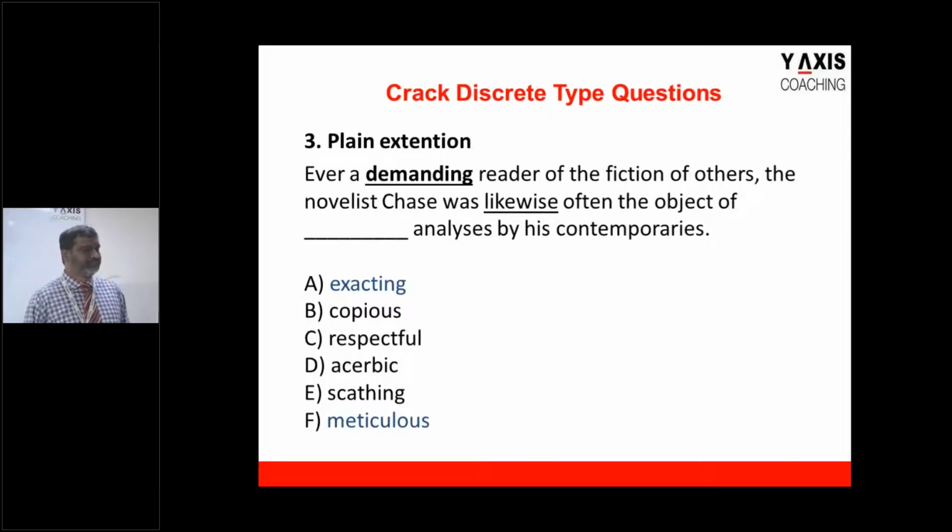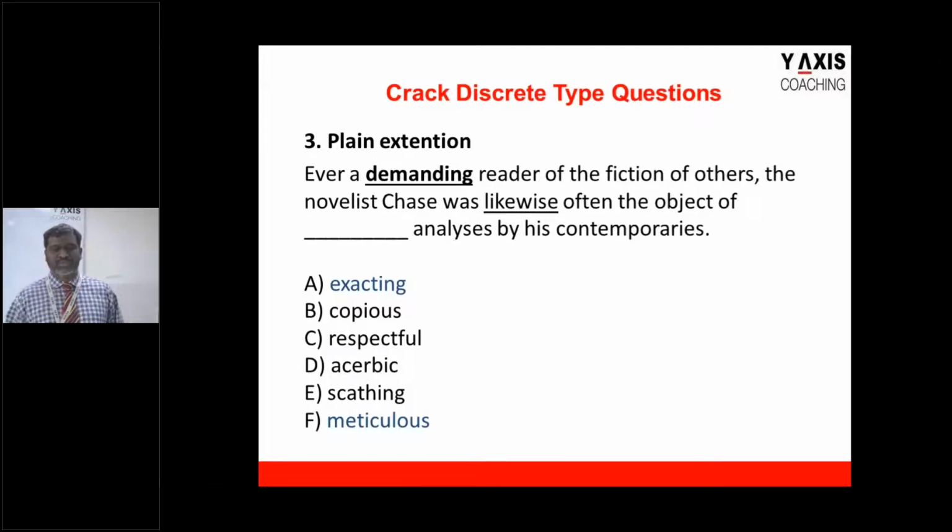And this is a plain extension. That means you need to fill the blank with a word that continues the meaning of the sentence. So the key word is likewise, because you need to always identify the structural clues, grammatical clues, the logical connectors, and these logical connectors come as thought extenders, thought contrasters, and even cause and effect words.